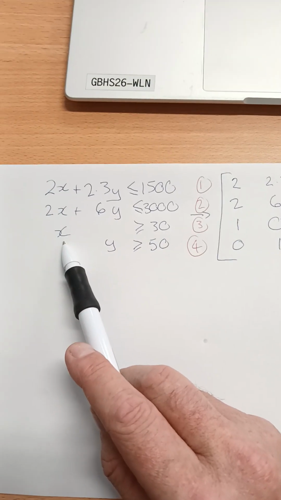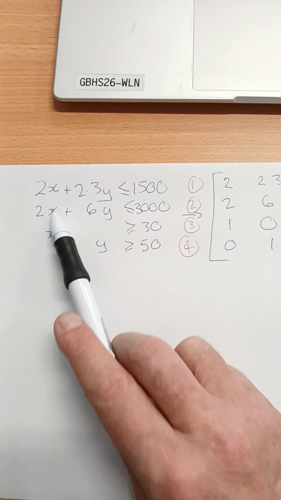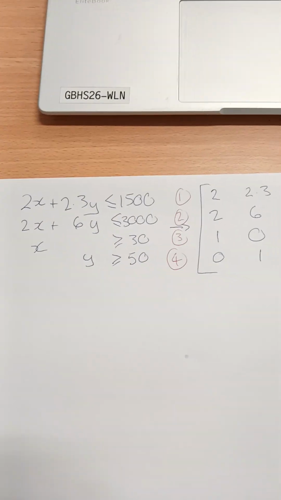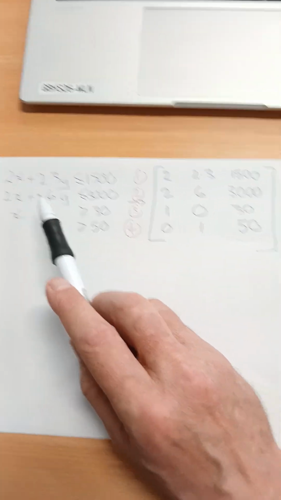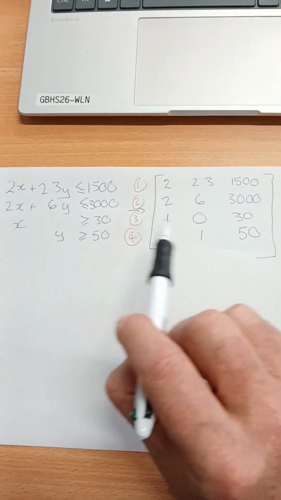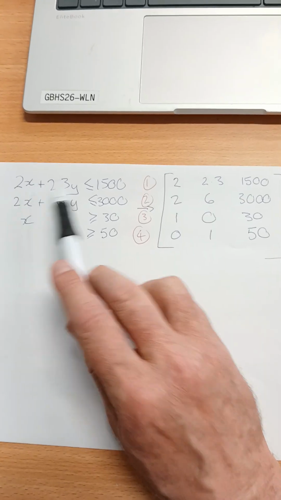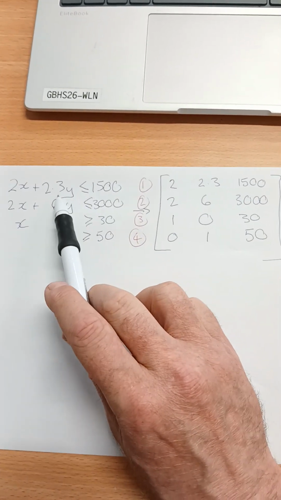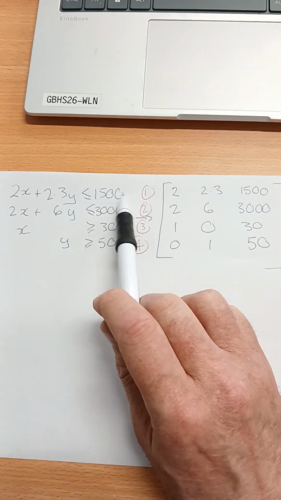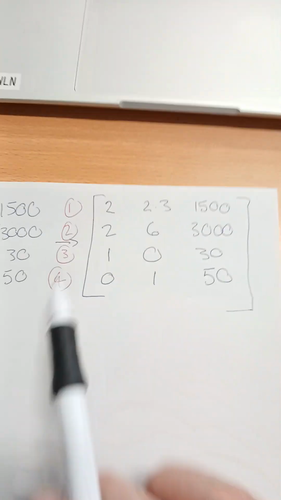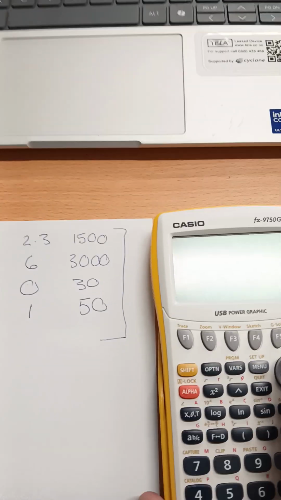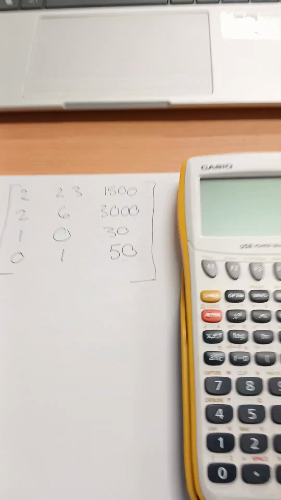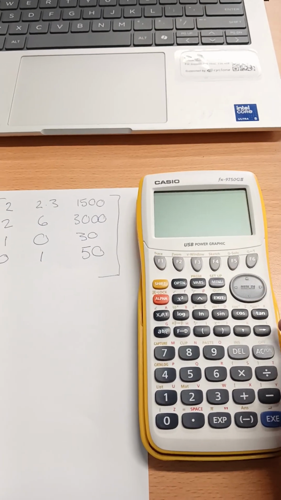Notice that I've lined up the x's with the x's, y's with the y's, which is helpful for the calculator part because you really want to make a little table for yourself of these numbers: 2, 2, 2.3, 2.3, 1500, 1500. And that enables us to use the calculator to solve these kind of problems.